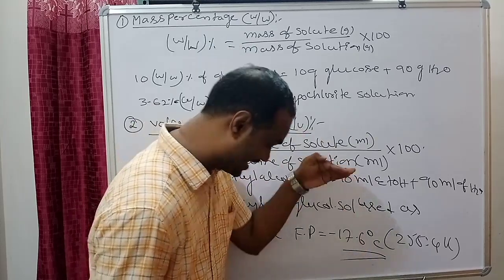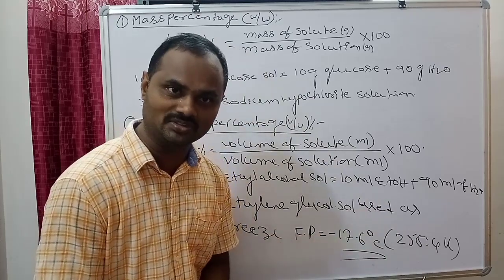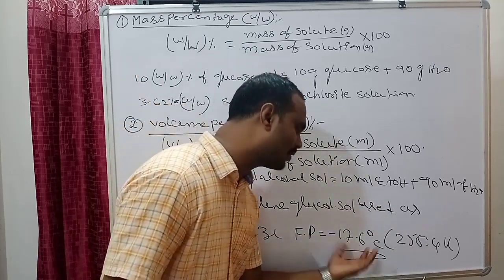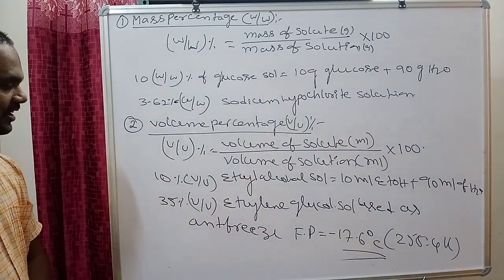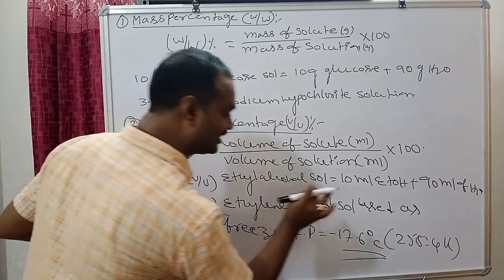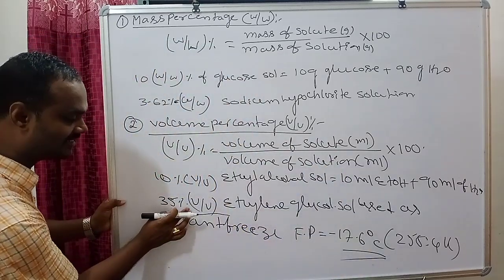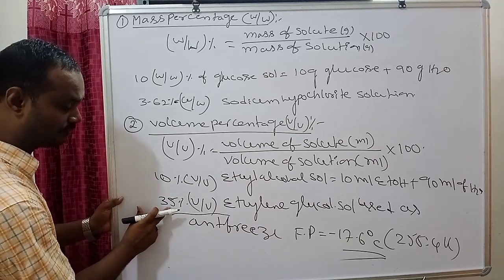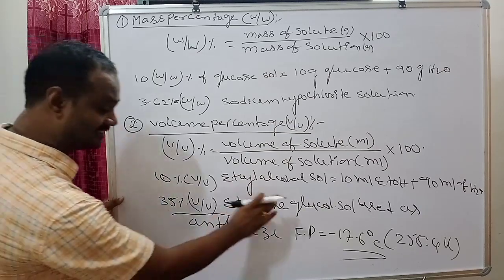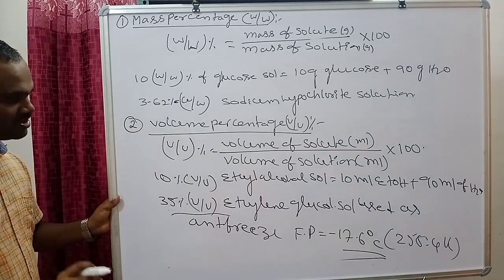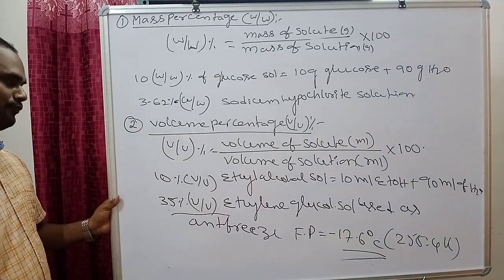If you reduce below this, then it may undergo freezing. But up to this lowest temperature, water never freezes. So one example here, 35 volume percent ethylene glycol solution acts as antifreeze used in cars to avoid freezing.